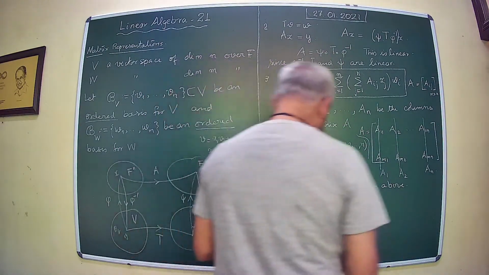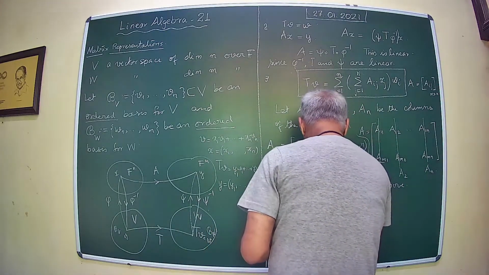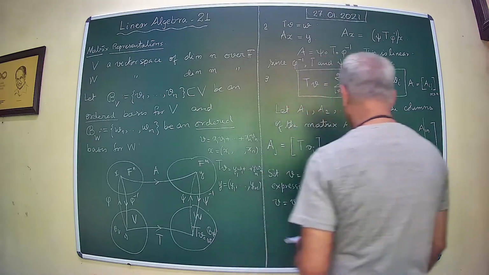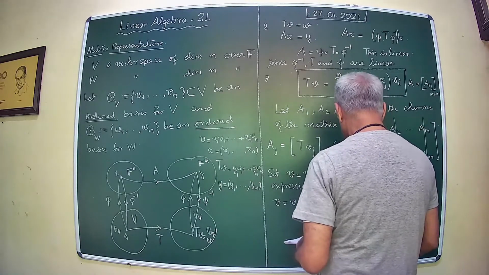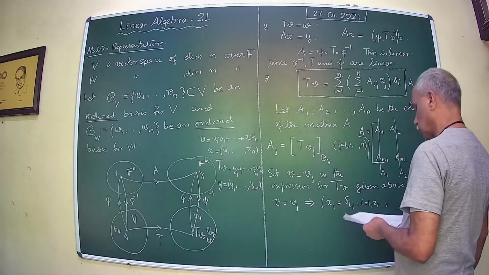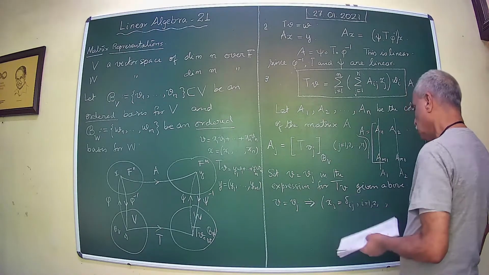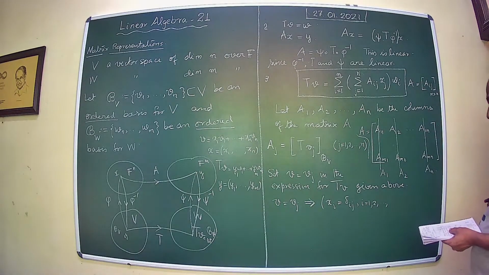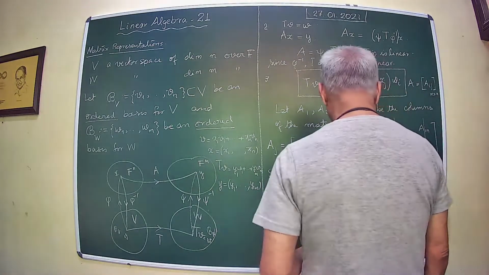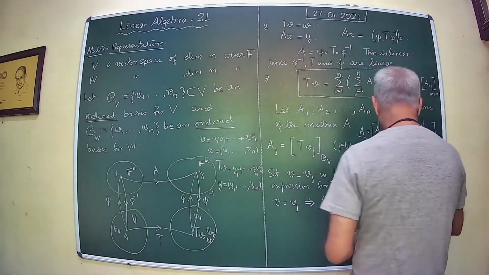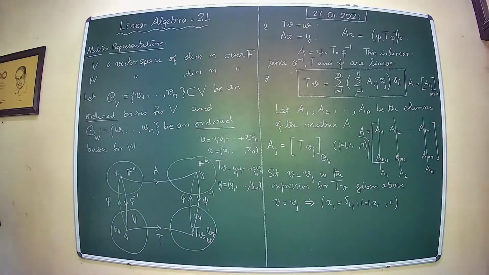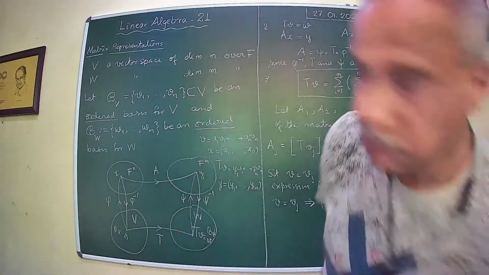The images of Vj are the following, that is xi equal to, or you will get this in turn as the following.